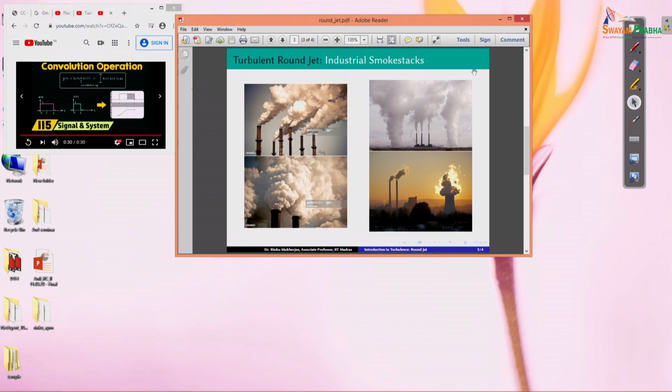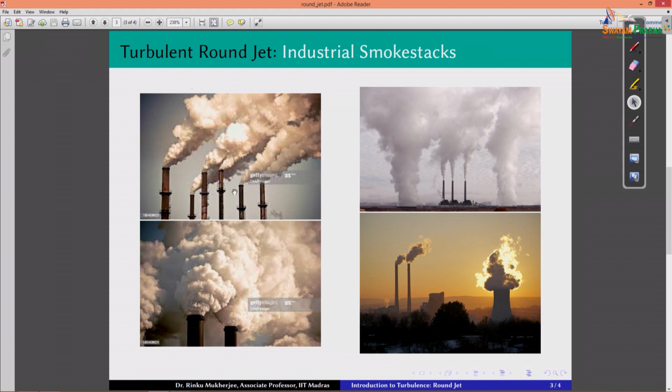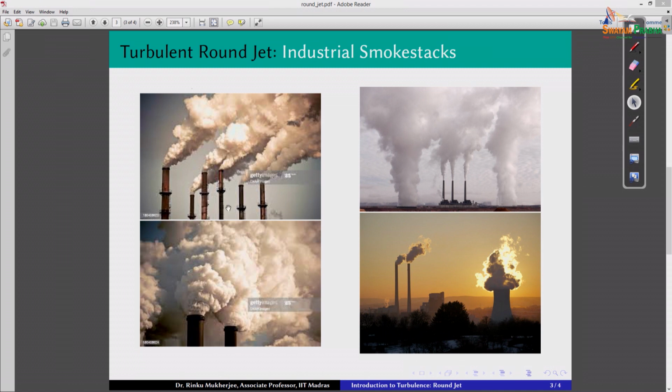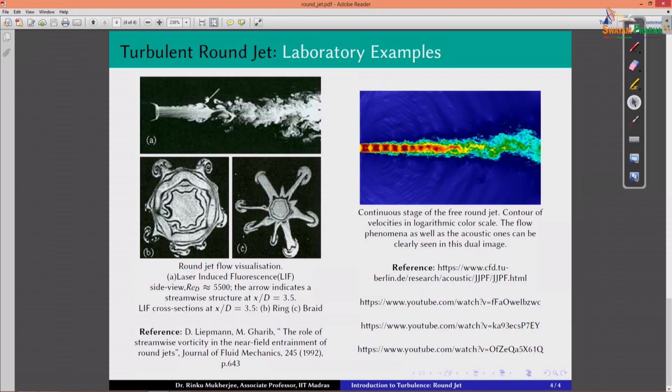Now if I go back a little, this is the type of flow that we were looking at. This is what you have in actual practice. And this picture out here is what is developed in the lab.